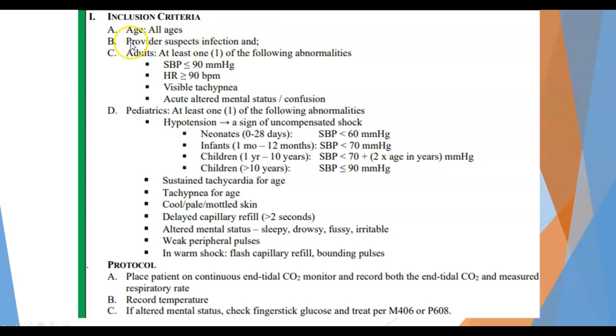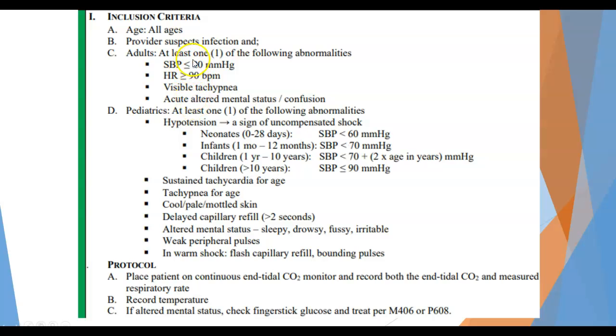Suspects infection. This becomes even more important as we move on into the next slide, because for us to call a sepsis alert, we have to meet some certain criteria, and that's one of them. So adults at least have one of the following abnormalities when we talked about these, and they should look really familiar, which is nice.